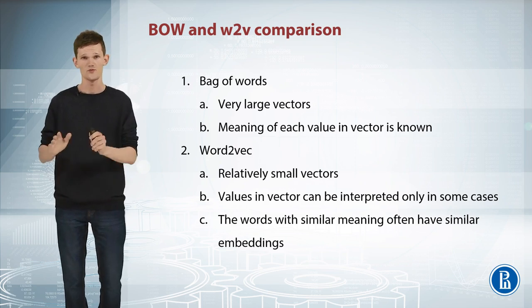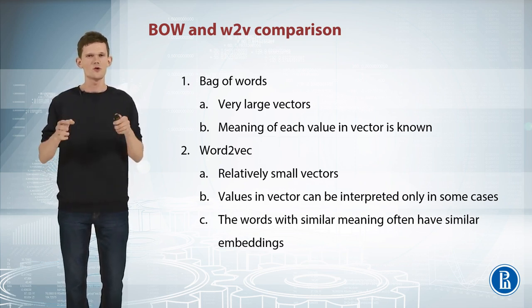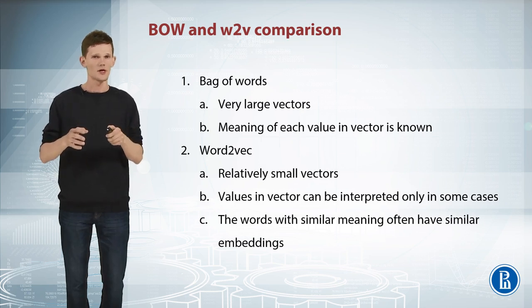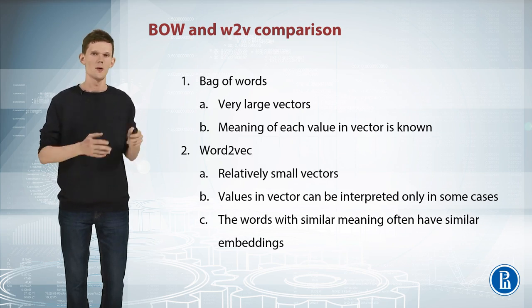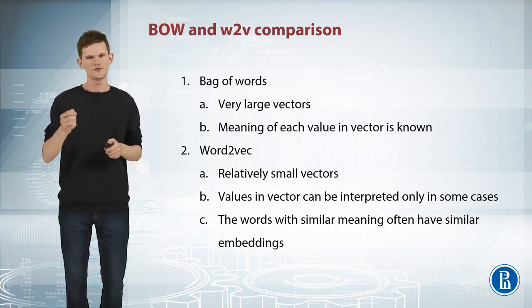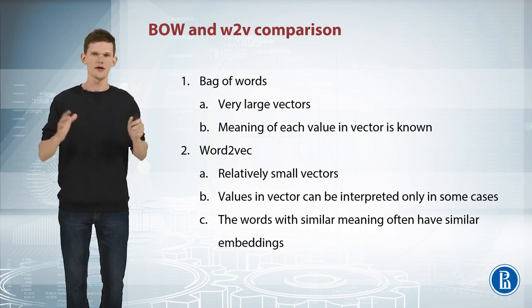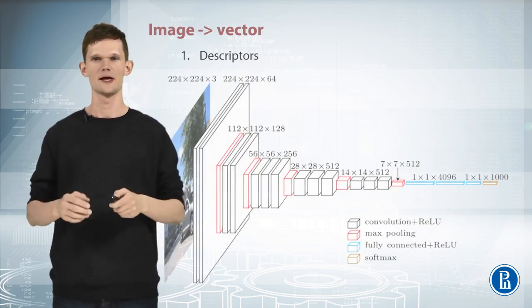The other advantage of Word2vec that is crucial in competitions is that words with similar meanings will have similar vector representations. Usually, both bag of words and Word2vec approaches give quite different results and can be used together in your solution. Let's proceed to images now.